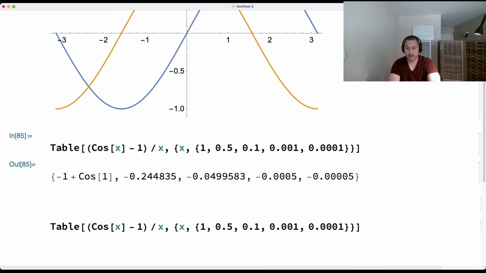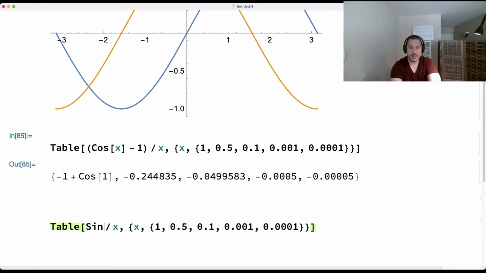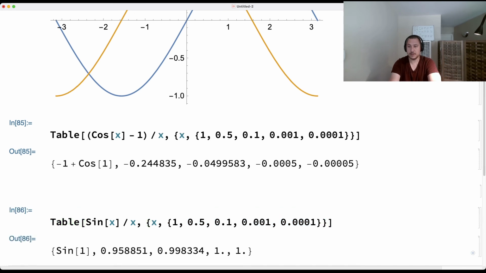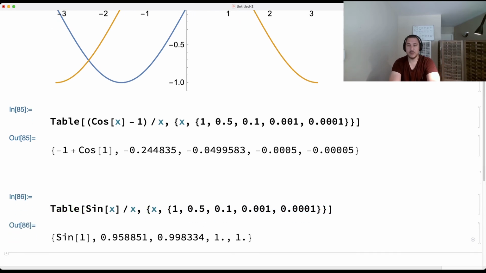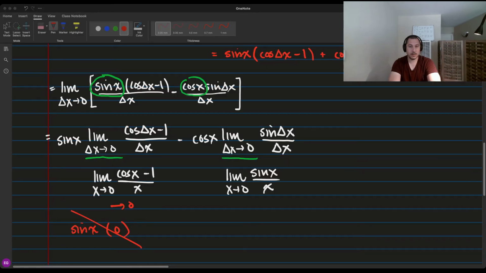The function that we want to do is sine x over x. So you can see here's my sine x over x. We want the x values to approach 0. So if you look at the y values of sine x over x, what do they seem to be going towards? Yeah, they're going to 1.